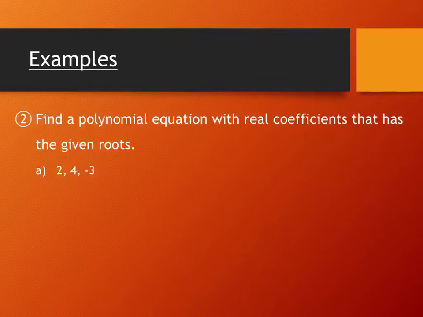Okay, so here's what we have. We have a polynomial equation, real coefficients. We have the roots 2, 4, and negative 3. So this is telling me that x is equal to 2, x is equal to 4, and x is equal to negative 3. Well, what does it mean? If x is equal to 2, what's the factor? x minus 2.